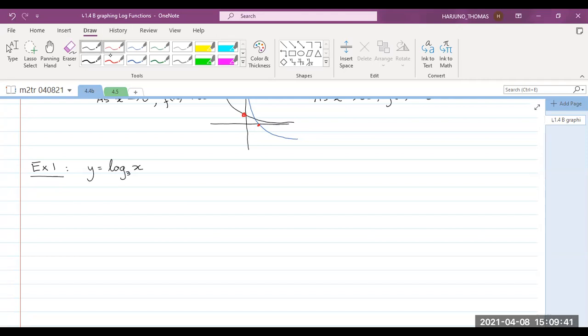What you need to imagine is the graph of y equals 3 to the x. The y-intercept is (0, 1). The other two important coordinates are (1, 3) and (-1, 1/3).